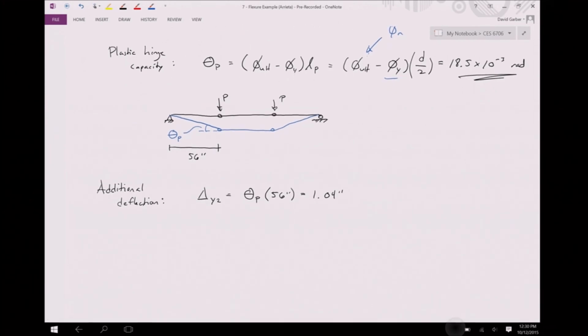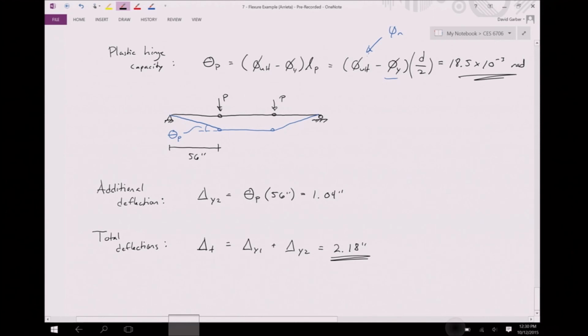So our total deflections are just equal to our deflections at first yield plus all our additional deflections. And this is going to give us a total deflection of 2.18 inches.